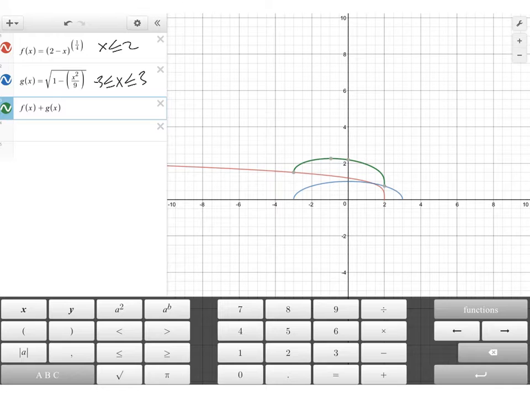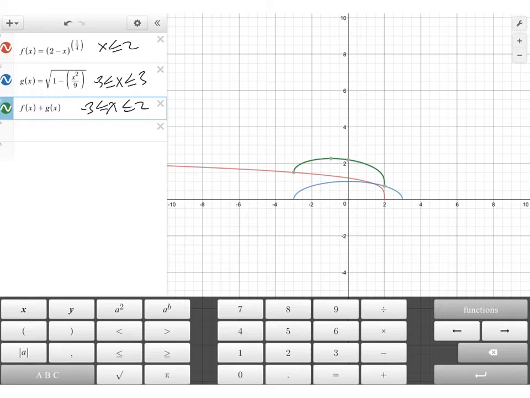The sum of the two functions can only exist where the original functions exist. So that means then that the smallest value of x that can be used in the sum of these two functions would be negative 3. The largest would be positive 2, so the domain for the sum of the two functions would be from negative 3 to 2.